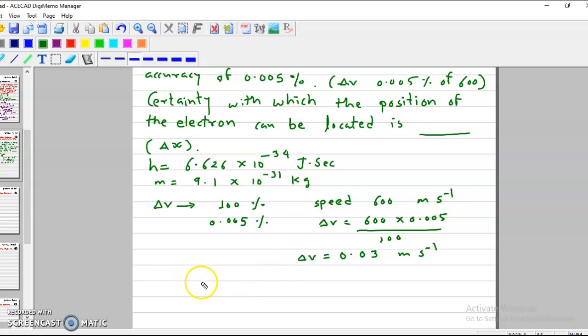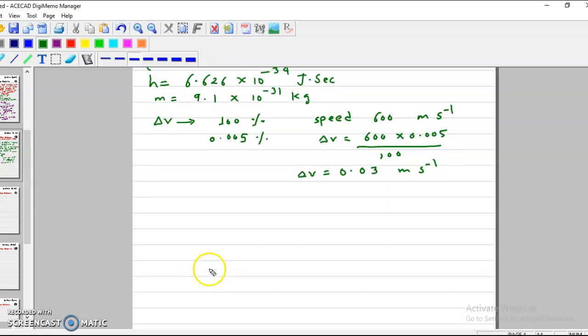Now we know delta V, we know h, we know m, and we have the formula: delta x times m delta V is greater than or equal to h upon 4 pi. We have to find out delta x, so it should be the subject.